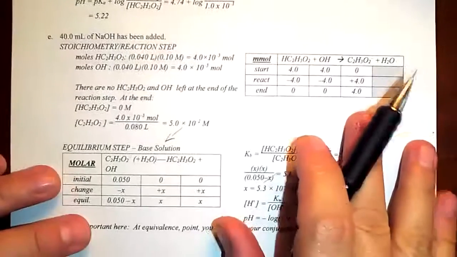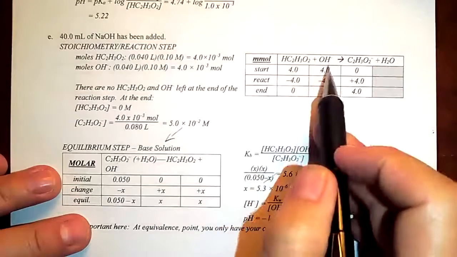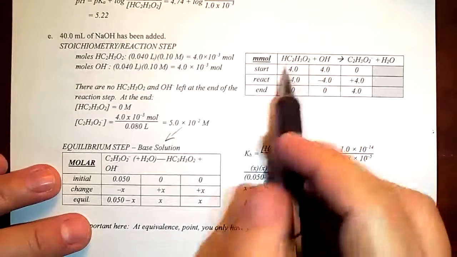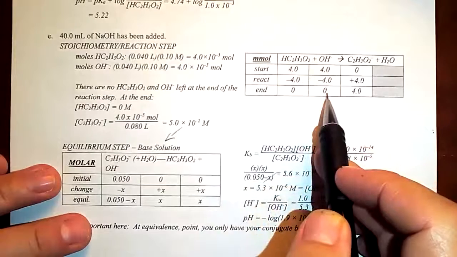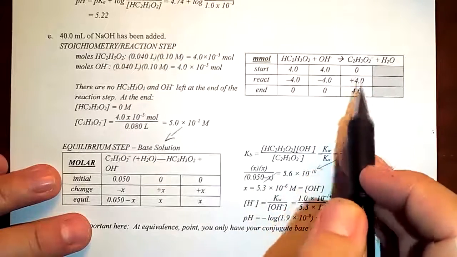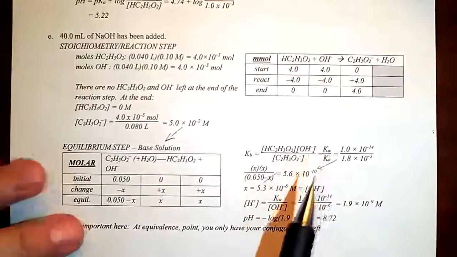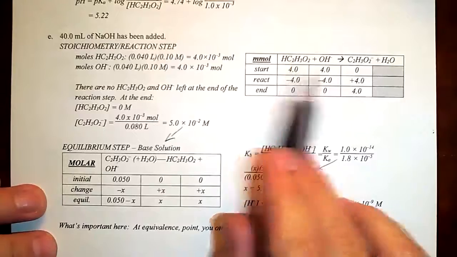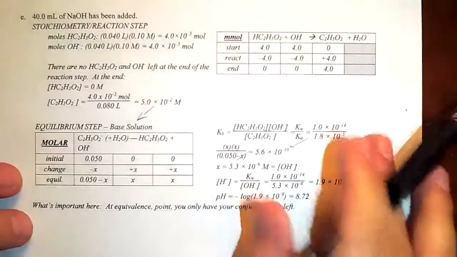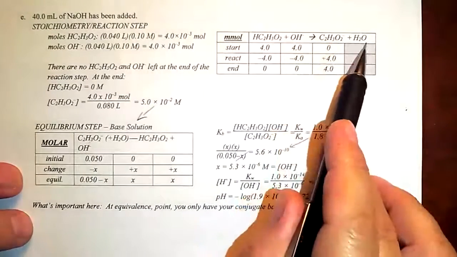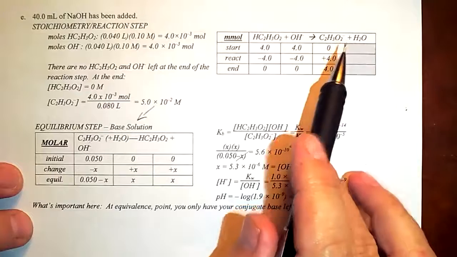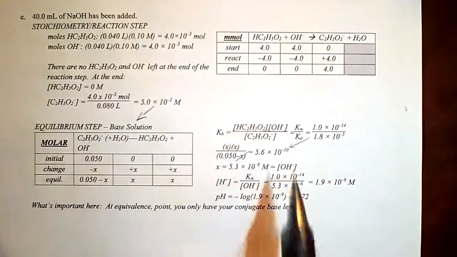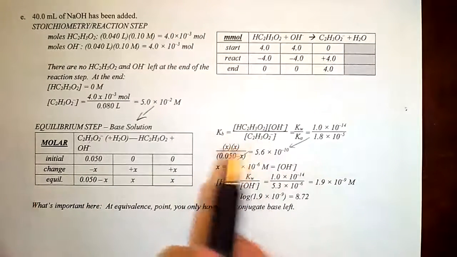On E, what happens if you give equivalent amounts? You've hit the equivalence point. Well, none of these are left. And you have only this. At this point, you do not have a buffer because you used up all your weak acid. So what you have then is only a base in water, a weak base in water, in which case you need the Kb because you have a base in just water.